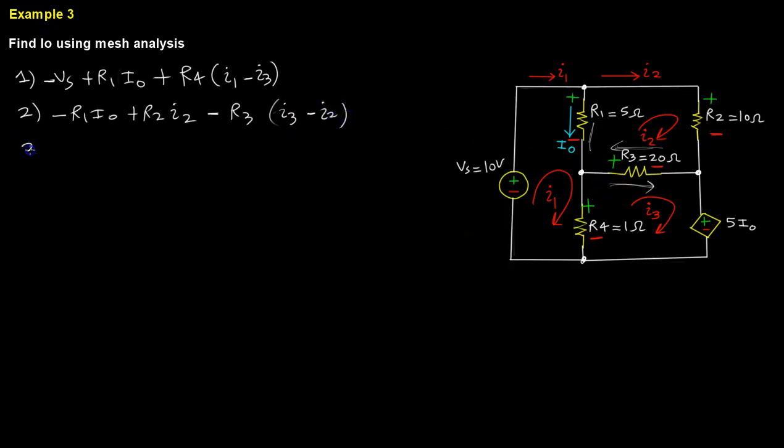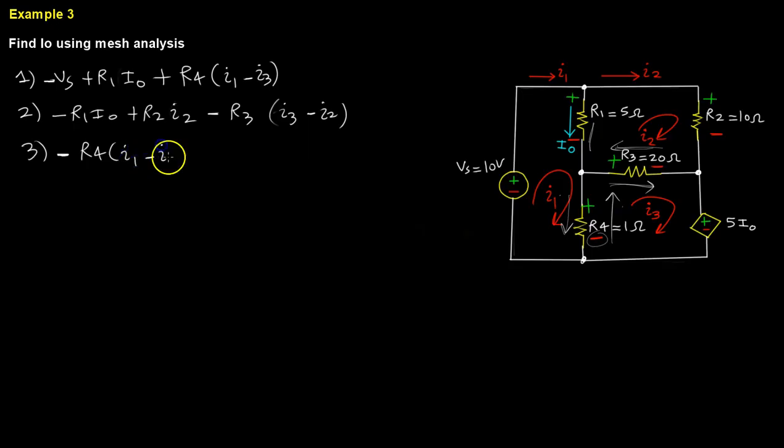Then for the third mesh, we're going to start down here. We're going to see a minus R4 because of the minus sign. Now I1 is going to flow with the passive sign convention, and I3 is going to go against it. So it's going to be I1 minus I3.